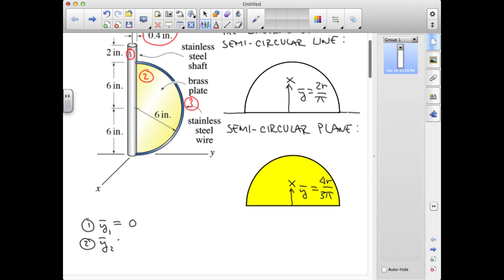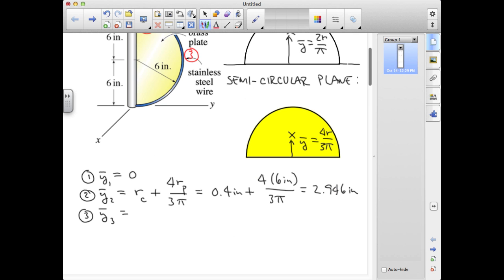For the brass plate, we have that this is equal to the radius of the cylinder plus 4 times the radius of the plate over 3 pi. That's 0.4 inches plus 4 times 6 inches over 3 pi. And that number ends up being 2.946 inches.